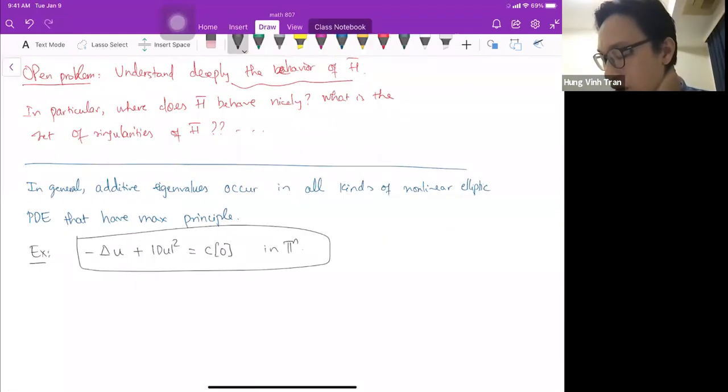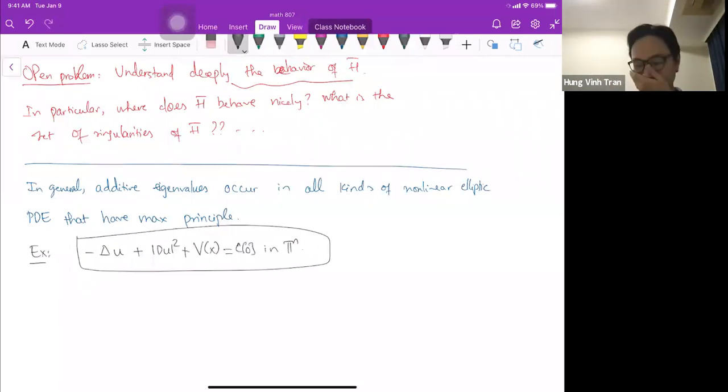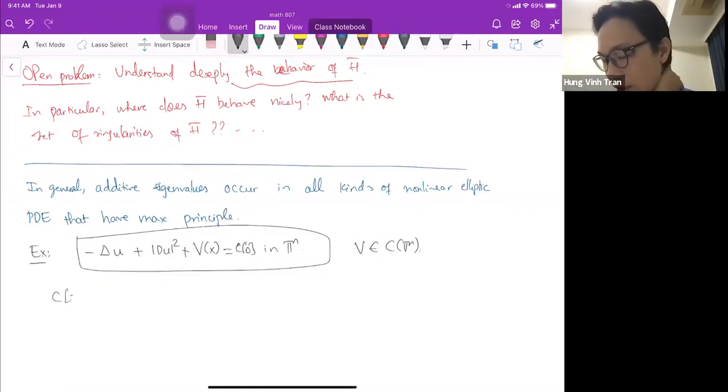I could put a 1/2, but that's fine. Again, v here is given in C^n or something like that, or if you need more smoothness, you can assume so. So I'm looking at this equation, and as I said, c naught is the additive eigenvalue of this problem.